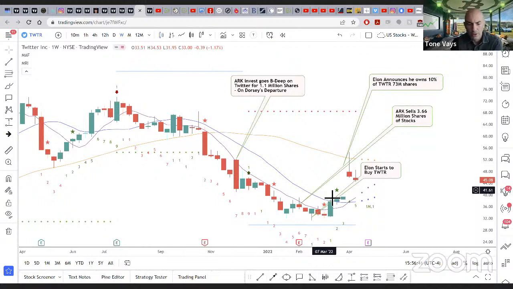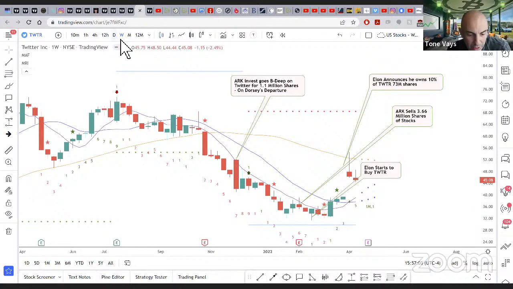As the word spreads privately, hey, Elon's buying Twitter, the price of Twitter goes up, and no one knows why it's going up.